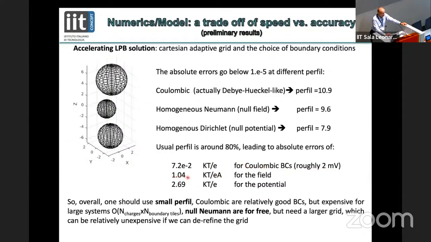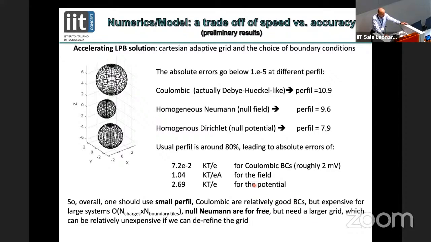I would have 1.04 for the field, and 2.69 for the potential. While I have to say that it is quite known that the energy estimate is pretty robust with inaccurate boundary conditions, the potential is more sensitive. So in principle, we should use a smaller percentage filling than we use traditionally, but that would be more costly.